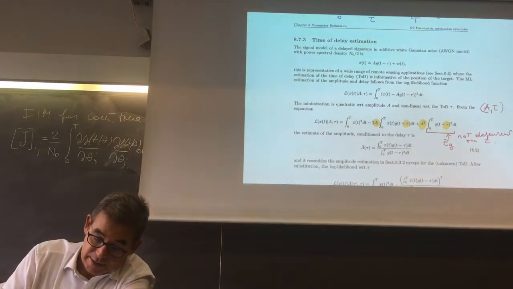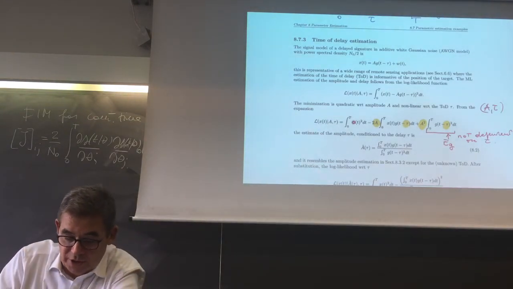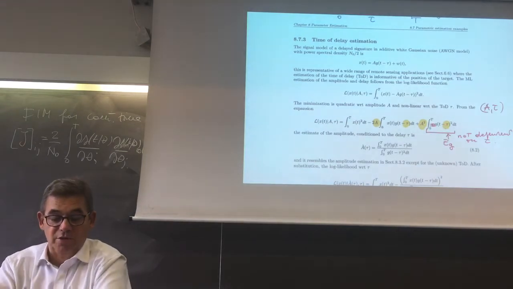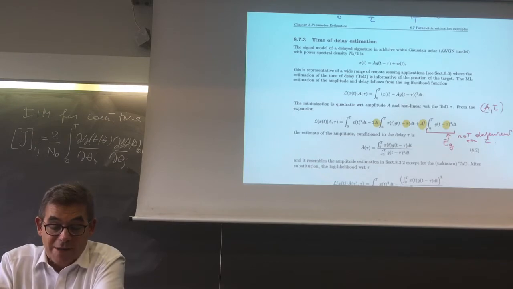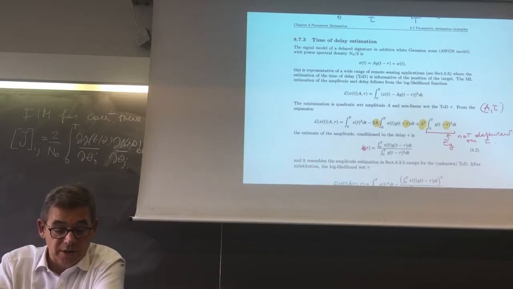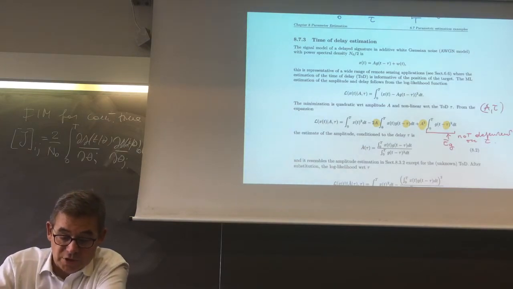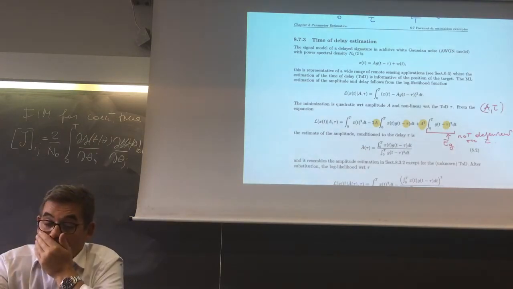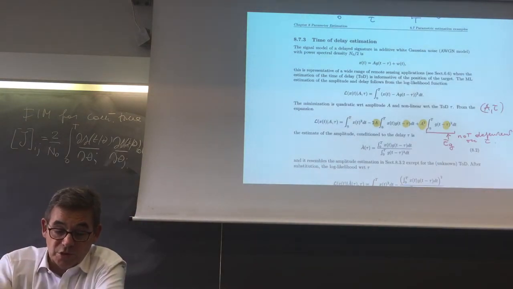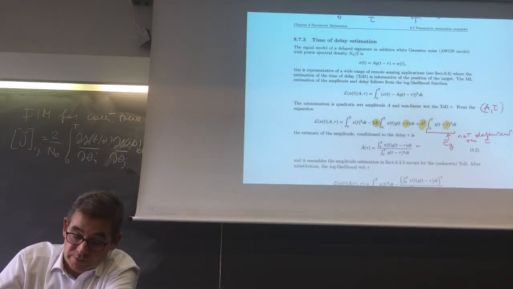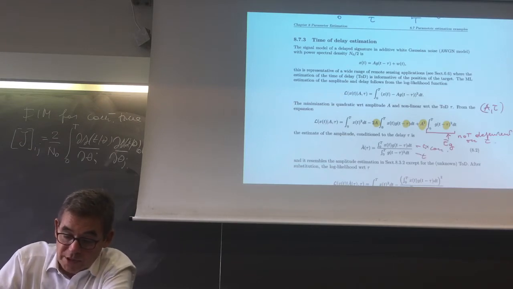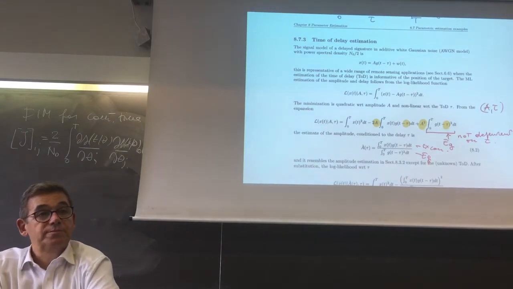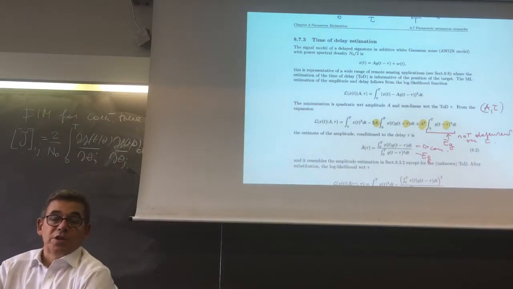So the first term is the energy of x, this is the energy of G, and then I have the cross correlation between x and G. Now I'm solving with respect to A here. The solution is quite easy: it is the cross correlation divided by the energy of the waveform, sometimes called the normalized cross correlation.